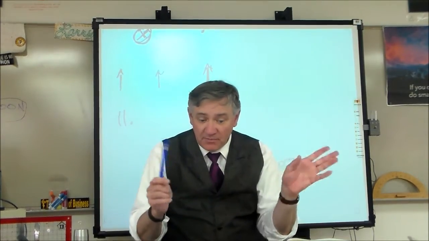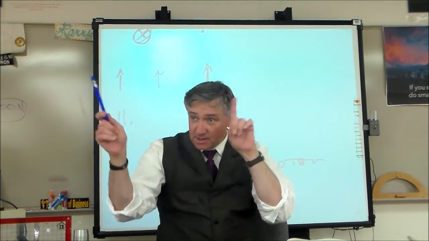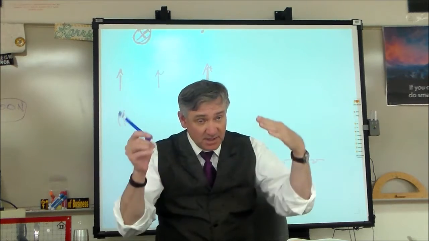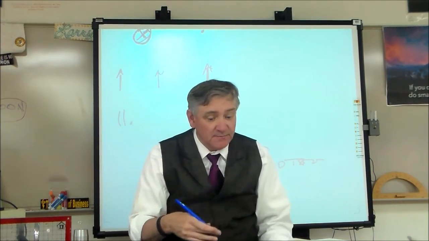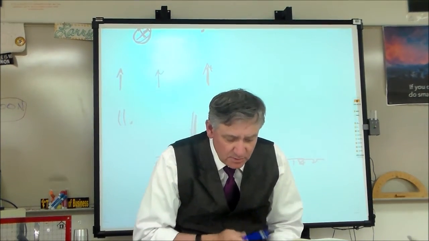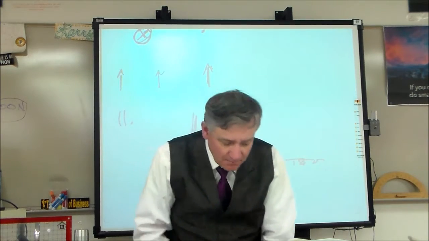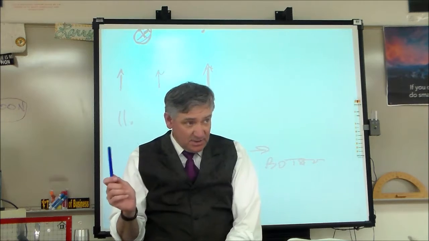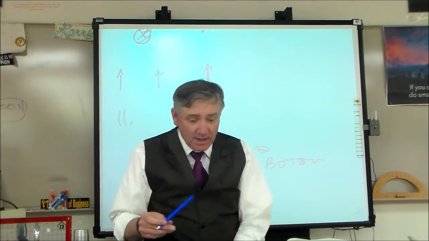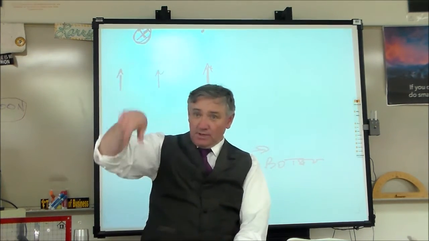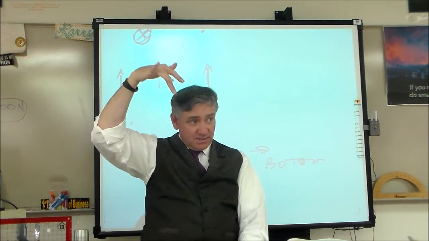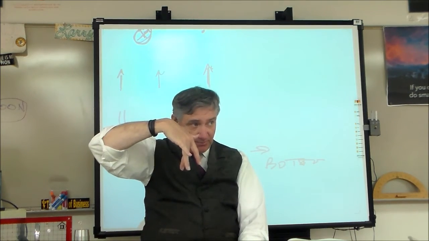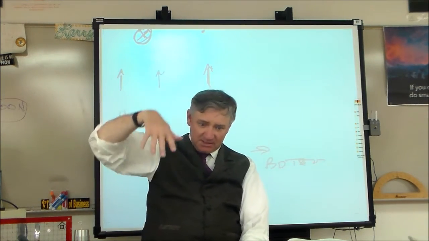So both of those on 10 and 11, you're going to end up with two vectors at right angles and a resultant. So what you want to do on 11, make sure that you indicate which direction this thing is going from that perspective. You might even label which one is the magnetic field from the top, which one is the magnetic field from the bottom. That might help you see that visual.